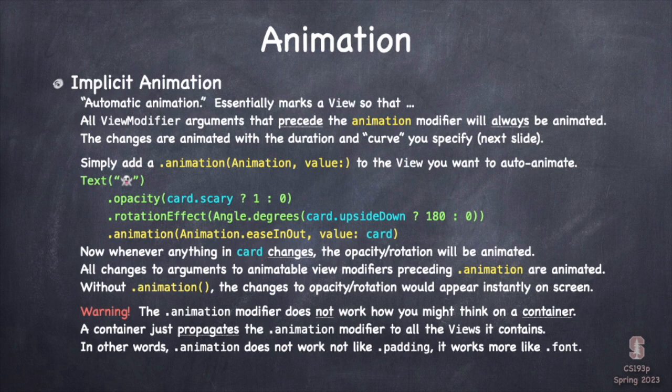Usually this implicit animation is less often used, and we're usually putting it on the Lego brick views, right? Texts or some view that we've constructed out of other containers or whatever. That's just something that can confuse you. You put dot animation on a VStack and you're like, what's going on? The things inside are being animated, but in a way it makes perfect sense that it does that, but it's something people get surprised by.